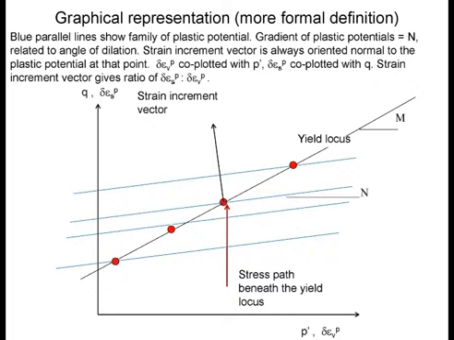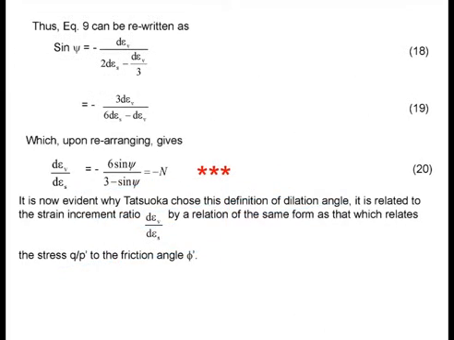And they are all inclined at a gradient of n, where n equals 6 sine xi over 3 minus sine xi.